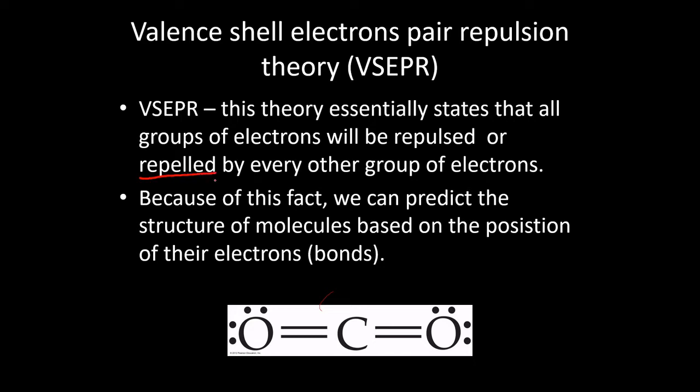This repulsion of one group of electrons by other groups of electrons means that we can predict the shape, because there are certain geometrical shapes that will result in those groups being as far away from each other as possible. You can have a practically infinite number of ways that you could theoretically arrange electrons, but there is always one optimal way to arrange them so that everything is as far away from each other as they possibly can be.